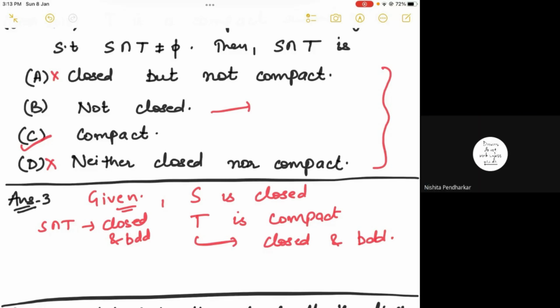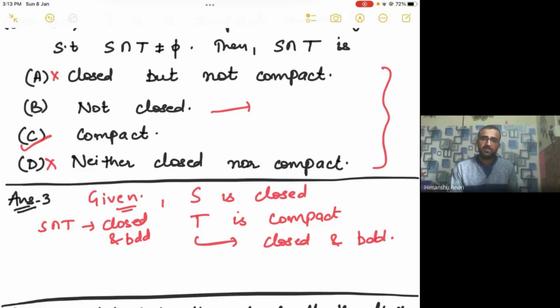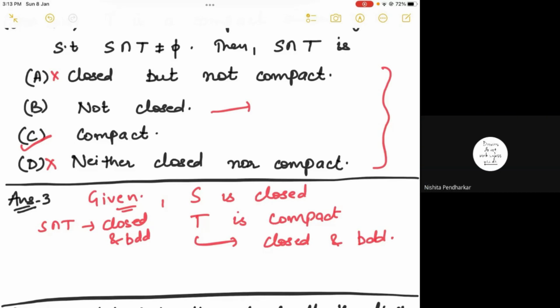B is incorrect. Why is B incorrect? Give me a counter example if it is incorrect. Because we are given that S is closed and T is compact, meaning T is closed and bounded. So the intersection of S and T should be closed. So B is incorrect.